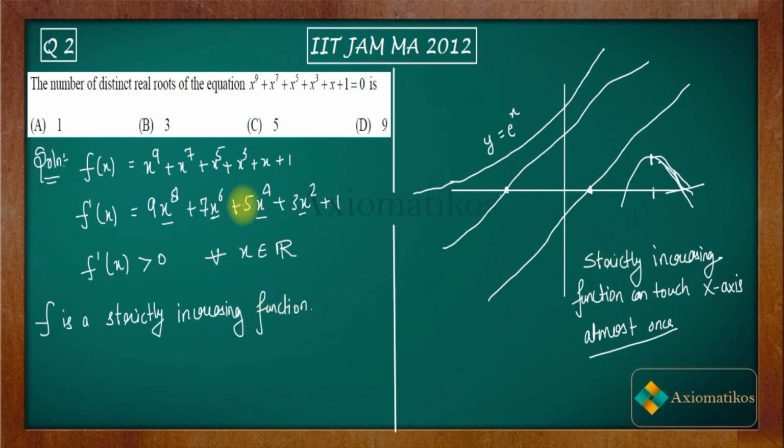So from here what you can say is that f either has one real root, or what can happen, no roots at all, right? Now if we look at your options, there is no such option that says 0 roots. So you can mark directly A as your answer.